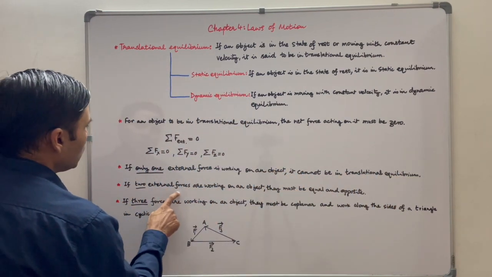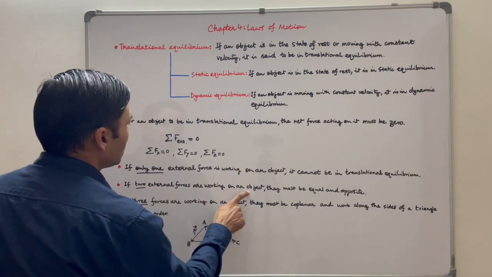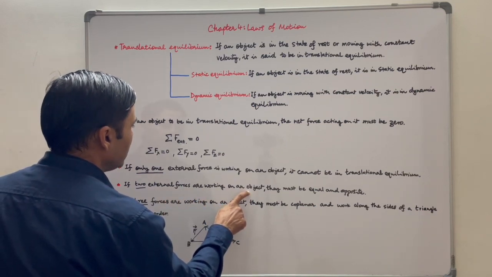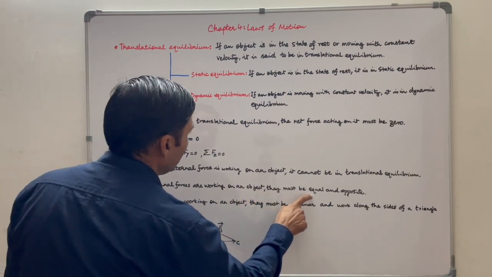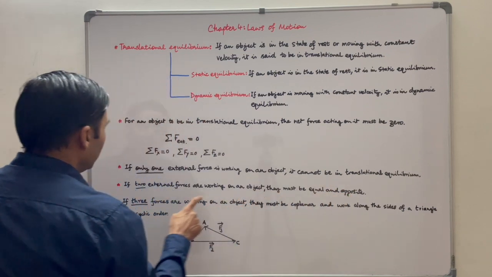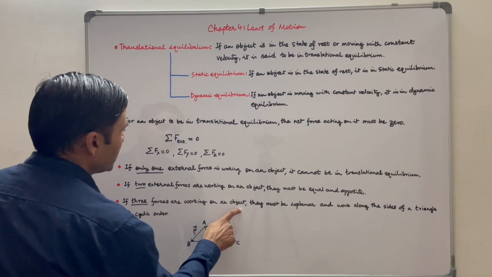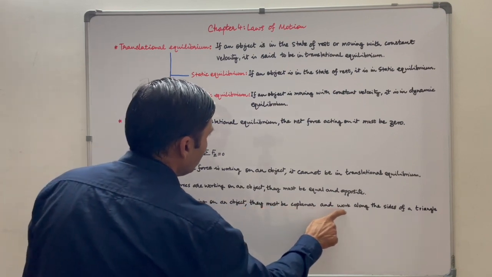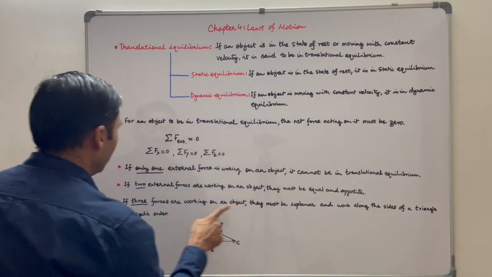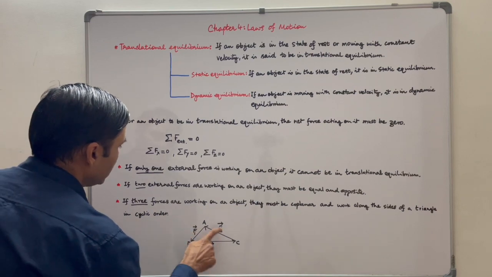If two external forces are working on an object, then for the object to be in translational equilibrium, they must be equal and opposite in direction. If 3 forces are working on an object, they must be coplanar and work along the sides of a triangle in cyclic order like this.